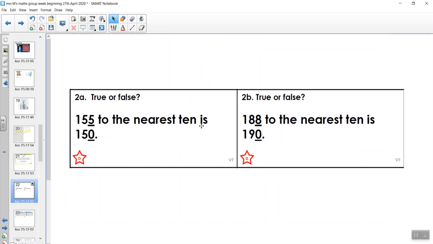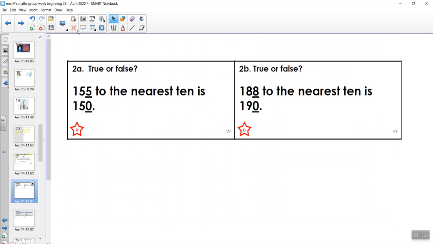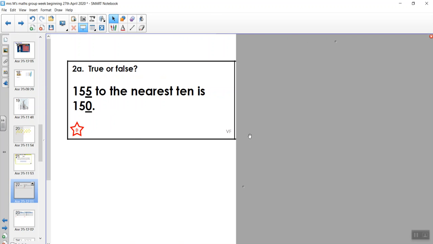Let's look at some more true or false. Pause the video and have a go. Okay, so true or false. 155 to the nearest 10 is 150. Well, 5, 6, 7, 8, 9, climb the vine.